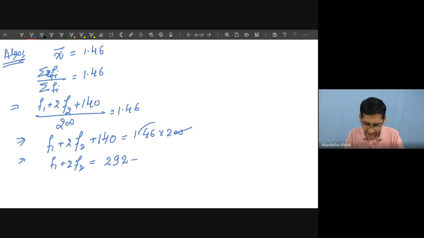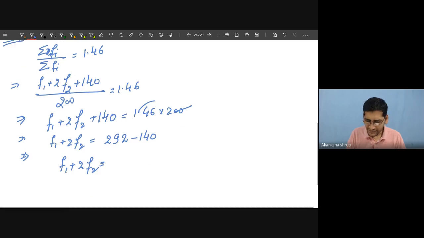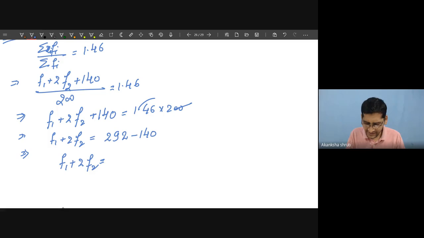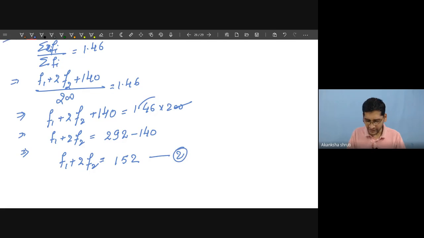Now this 140 has to be brought to the right-hand side, so it becomes minus. So F1 plus twice of F2 is how much? Take the difference, 152. This is our second equation.